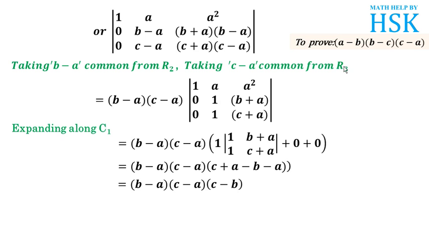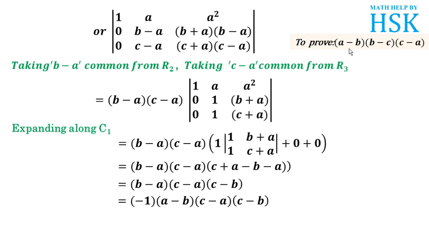Now in the given question we have to prove that the determinant is equal to (a − b)(b − c)(c − a). Here the terms are not in this form. To convert them into this form, first I take −1 common from the first bracket (b − a), so I obtain −1 into (a − b). The remaining two terms stay as they are.